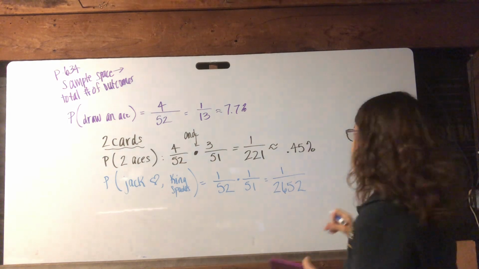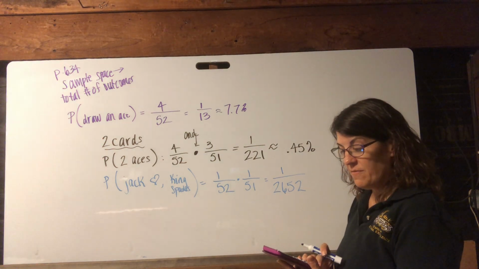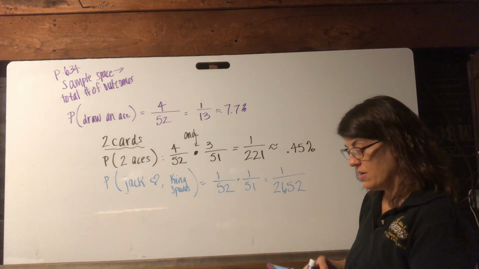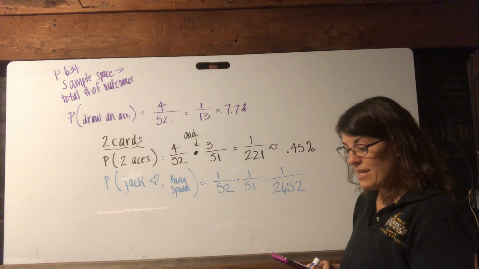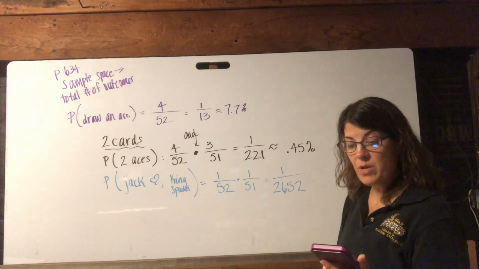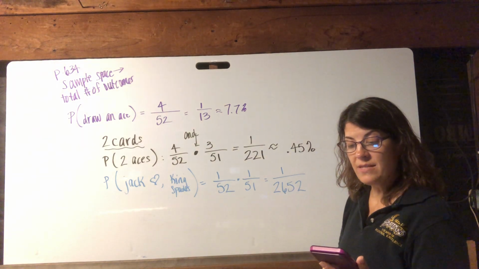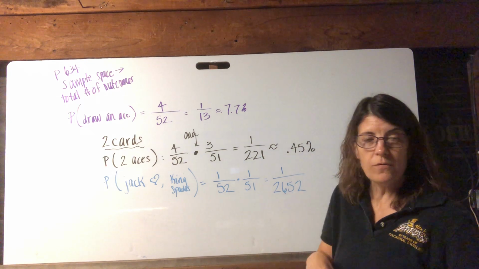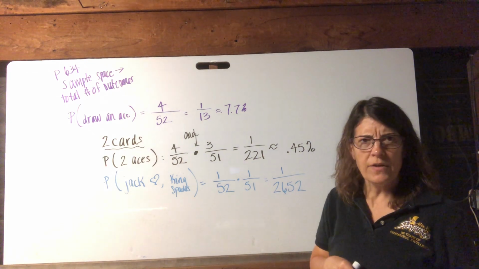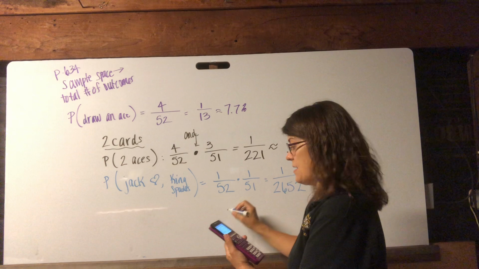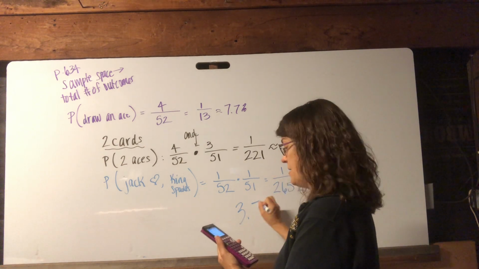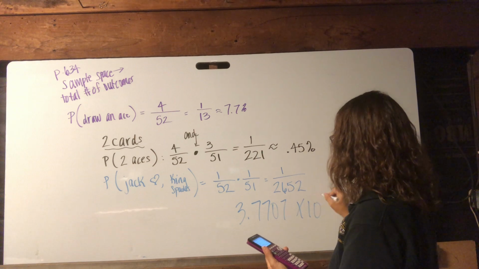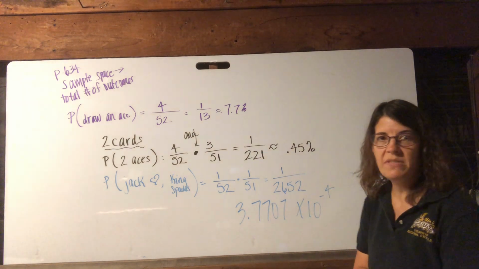Here's the kicker. 1 over 2,652. On my calculator, that says 3.77073965 E negative 4. There's no such thing as E negative 4. It represents scientific notation. So this is 3.7707 blah blah times 10 to the negative 4.